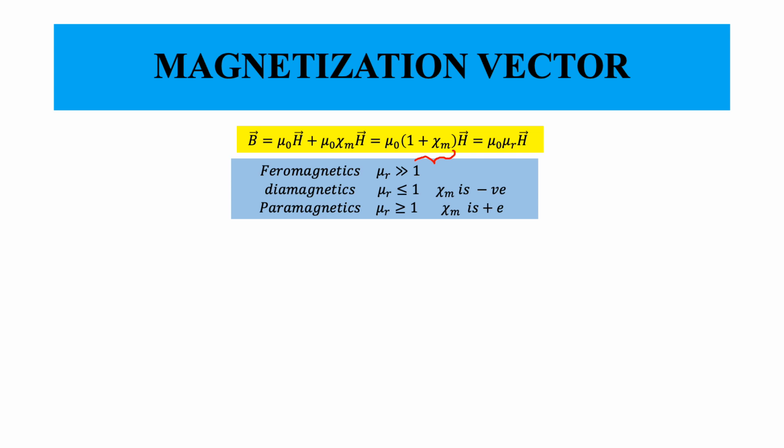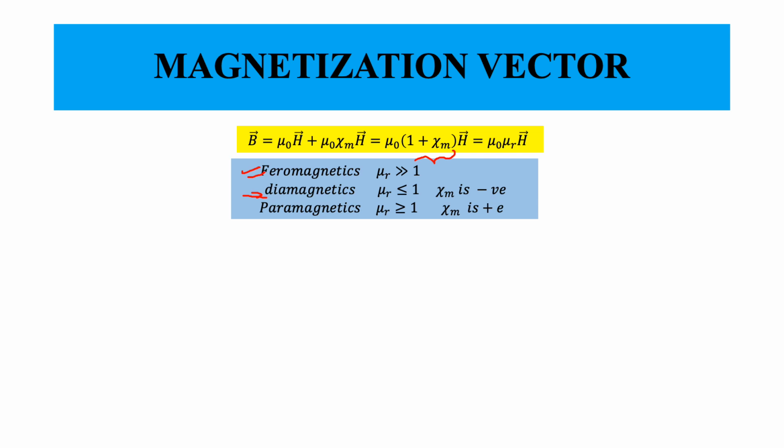This is the reason why they can actually generate magnetic field. Of course, above a certain temperature, ferromagnets lose their magnetism, but we do not worry about that. It turns out that all materials in nature are intrinsically diamagnets.